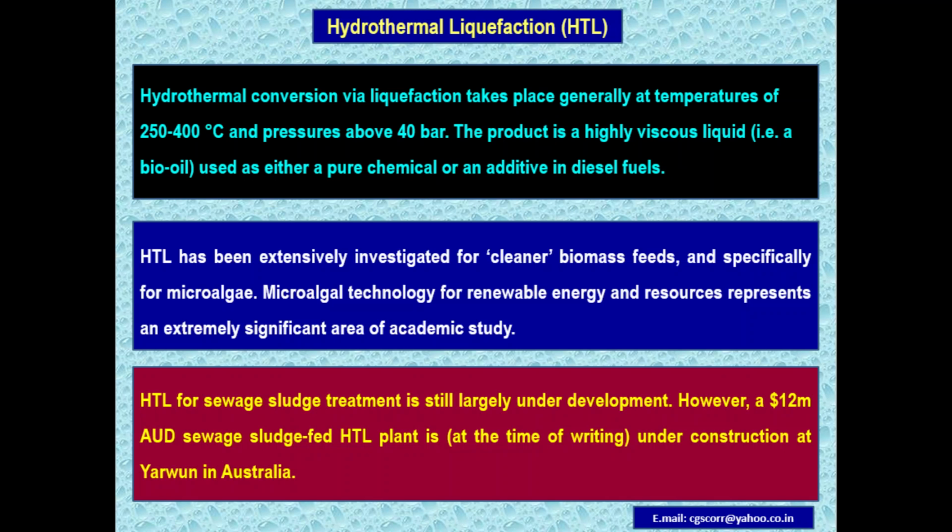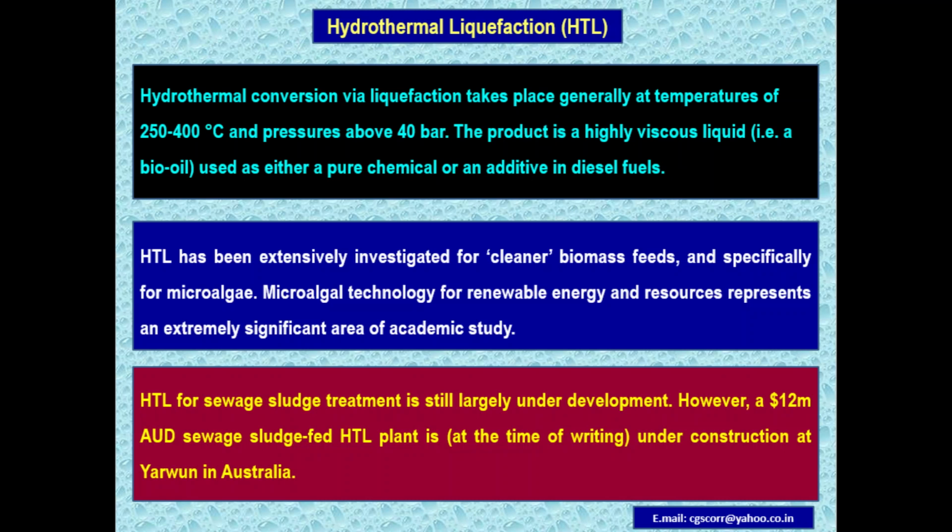Hydrothermal liquefaction has been extensively investigated for cleaner biomass feeds and specifically for microalgae. Microalgal technology for renewable energy and resources represents an extremely significant area of academic study. Hydrothermal liquefaction for sewage sludge treatment is still largely under development.